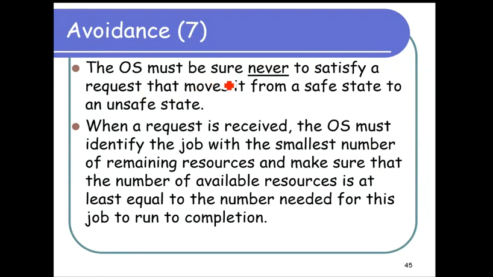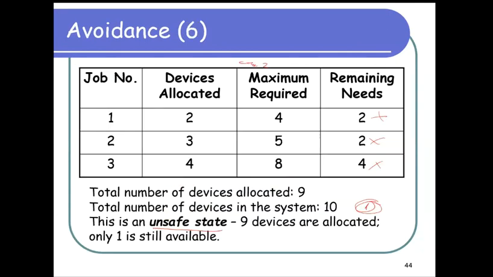So the OS must be sure never to satisfy requests that move it from a safe state to an unsafe state. A good OS must be able to sense this. When a request is received, the OS must identify the job with the smallest number of remaining resources, and make sure that the number of available resources is at least equal to the number needed for this job to run to completion.